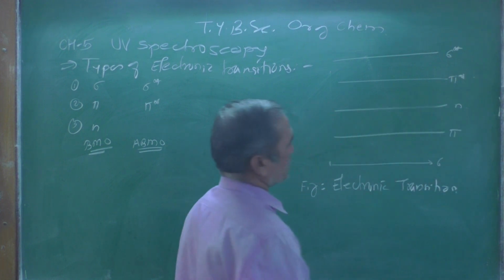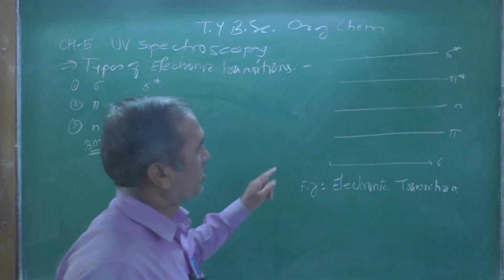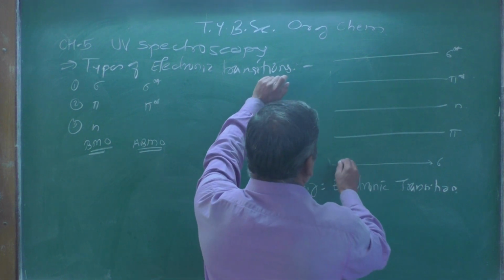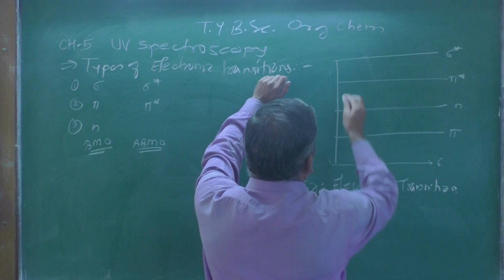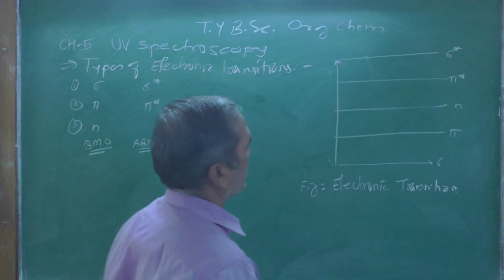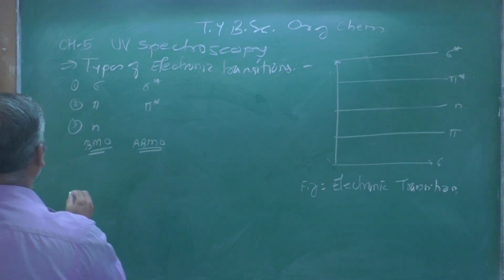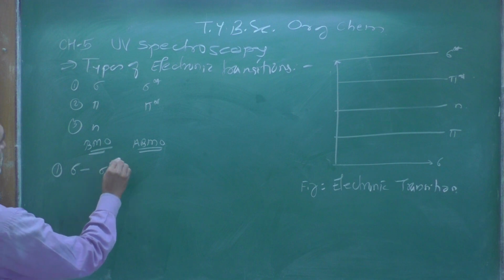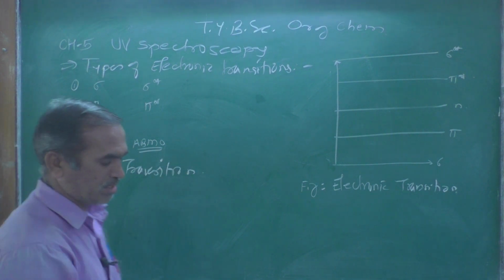These are the electronic transitions. Now the allowed transition, when ultraviolet strikes the molecule, is from sigma to sigma star. This is one of the allowed transitions. The first one is called the sigma to sigma star transition.